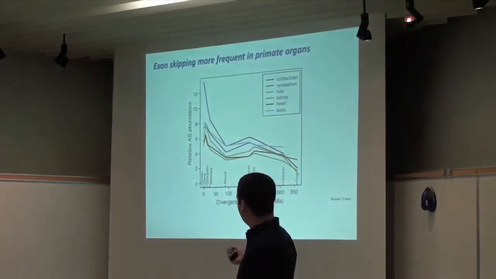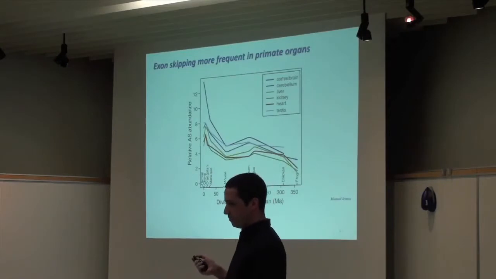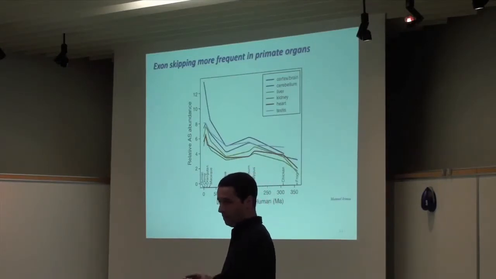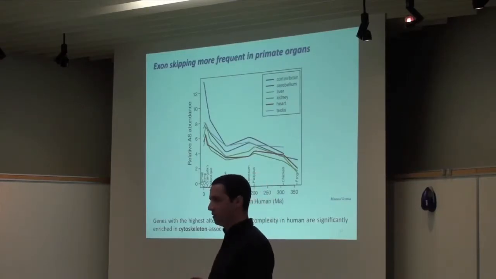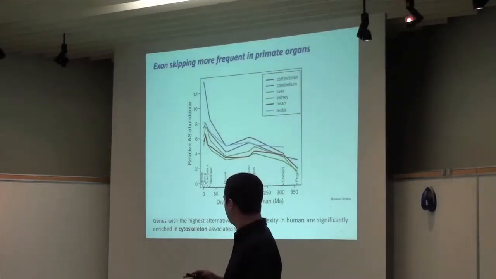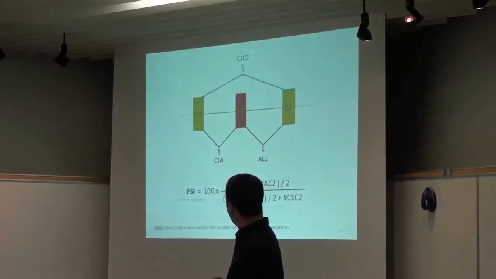What was not known is that it looks like primates, here you have all the species we've used, mapped according to their evolutionary divergence from human, seem to have more alternative splicing, or at least more exon skipping, than the other vertebrate species. And just out of curiosity, the genes with more alternative splicing complexity in human seem to be enriched in cytoskeleton-associated functions. So you can already start speculating in terms of what it means developmentally.